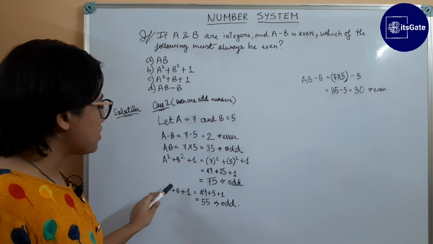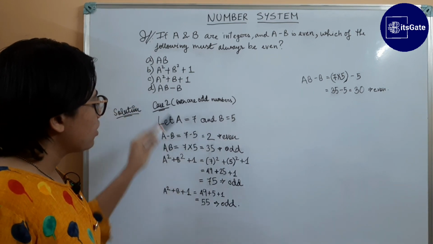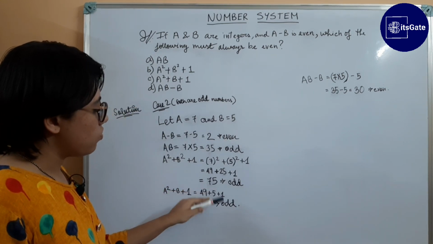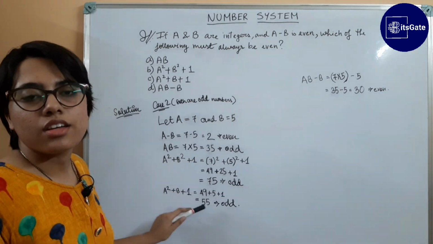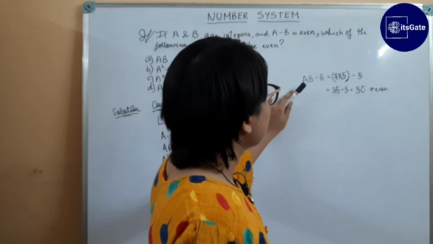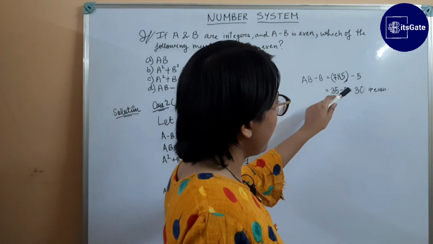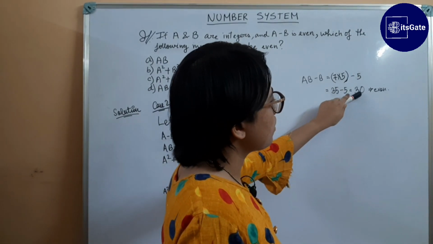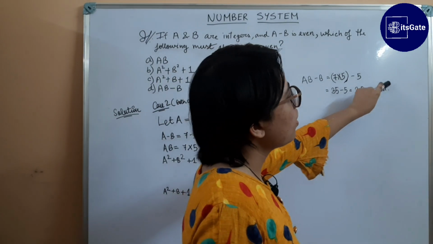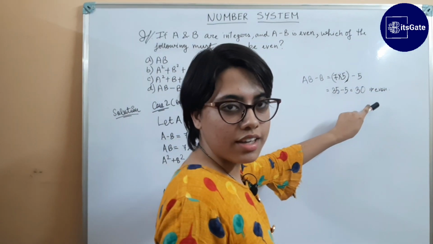And a square plus b plus 1, which is 49 plus 5 plus 1, which is 55, which is again odd. And here we have ab minus b, which is 7 into 5 minus 5, that is 35 minus 5, which is equals to 30, which is the only even term here in case 2.